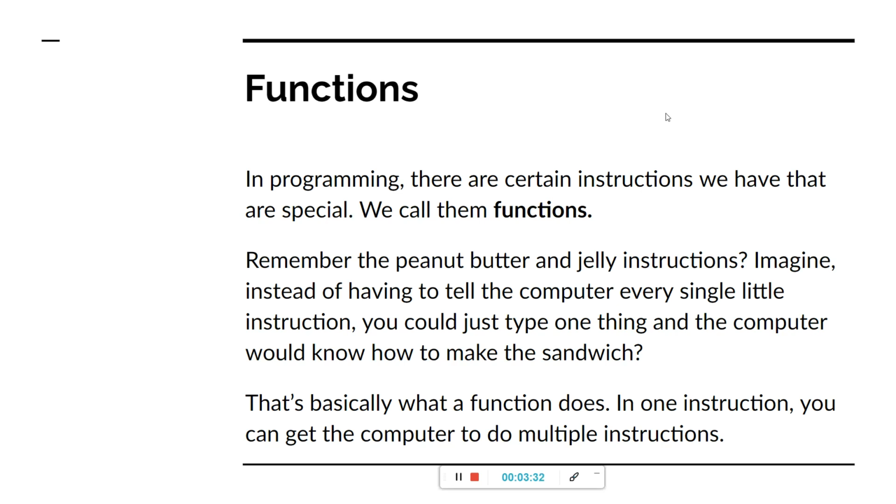So instead of saying put 2 pieces of bread on a plate, spread jelly on one slice and peanut butter on the other slice, put them together and then eat them, all you had to do was type one thing and the computer would know how to do all 5 instructions. That's basically what a function does. In one instruction, you can get the computer to do multiple instructions.